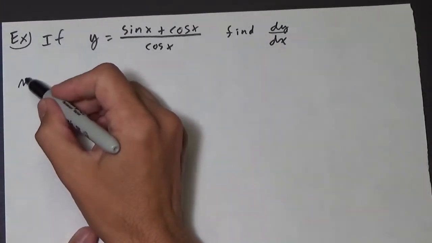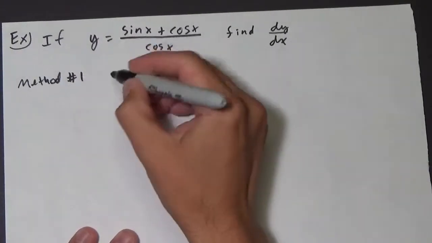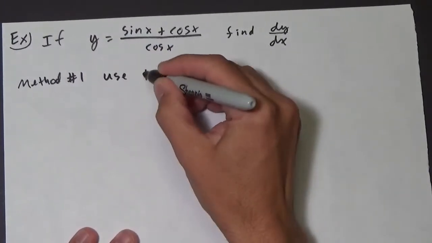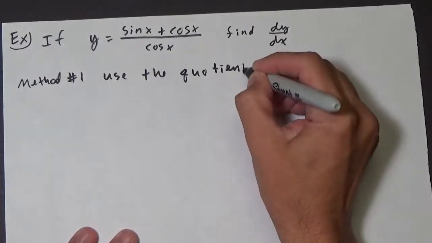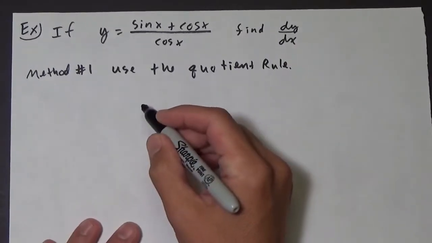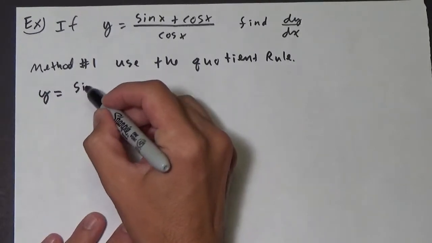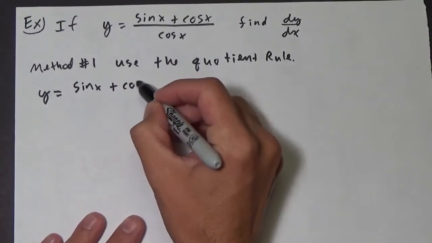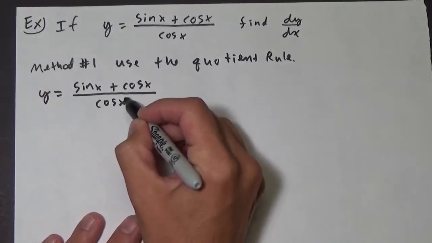So method one, we're going to use the quotient rule. We have y equals the sine of x plus the cosine of x, all over the cosine of x.